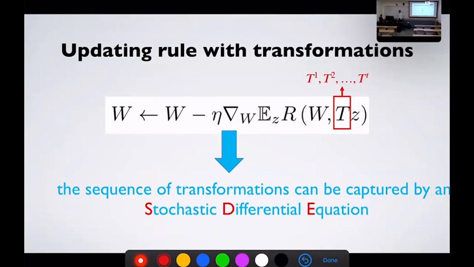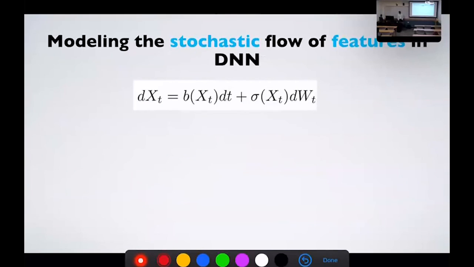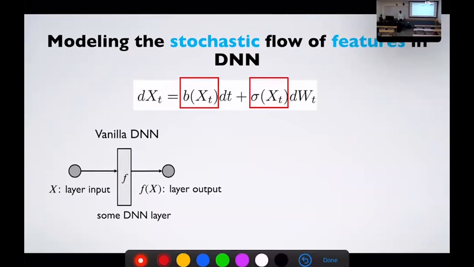Now if you parameterize that T as a sequence of transformations that can be captured by this stochastic equation, then what you get is data augmentation. This captures the notion of augmenting data by changing it a little bit, and it also captures updating parameters, using that data TZ to compute the gradient and update the parameters. Same stochastic differential equation, FMG.